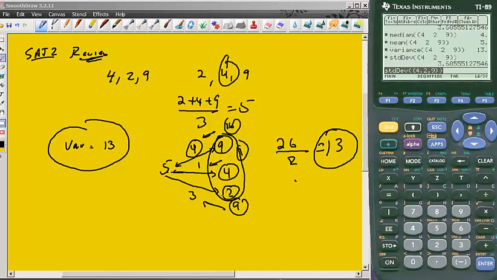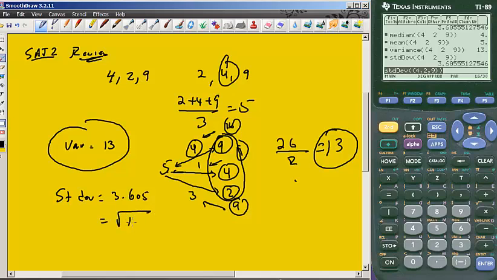Standard deviation is 3.605, or square root of 13, or square root of the variance, and that's what standard deviation is. Now, that's how you find mean, median, variance, and standard deviation. That's all you do. Type in the numbers. So if you get a question like that, just type it in.